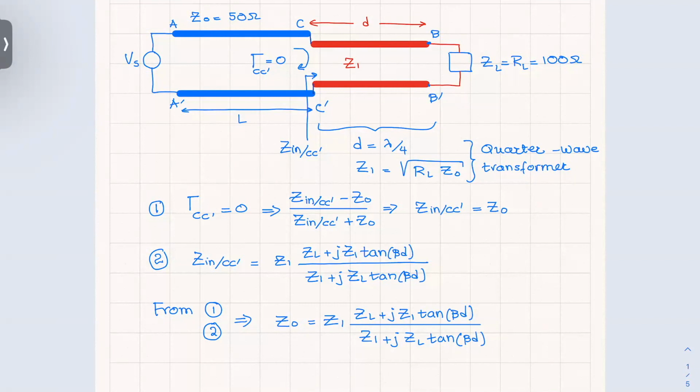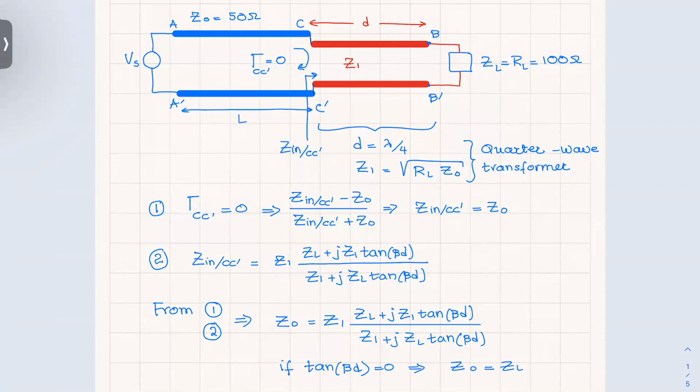Okay, so what options give me that? One option is to make tangent beta D equal to 0, which means that I get rid of all of the j's. If I make tangent beta D equal to 0, however, what this equation gives me is that Z naught is going to be equal to ZL.